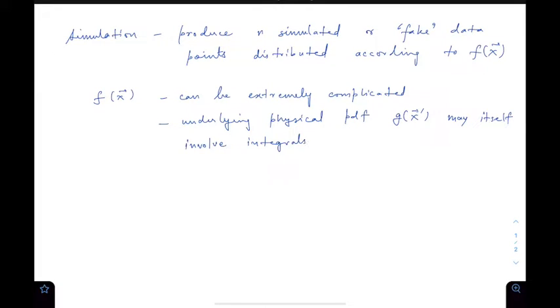Also, the detector description may consist of various stages, each depending on the previous one.